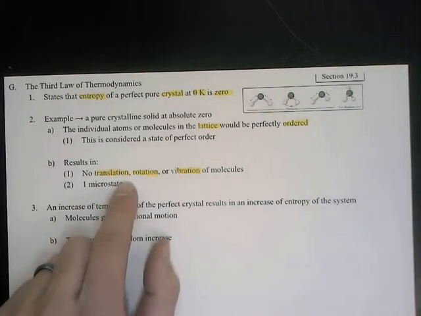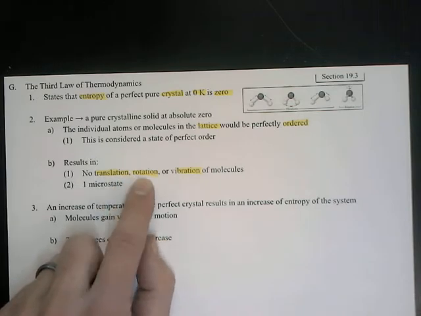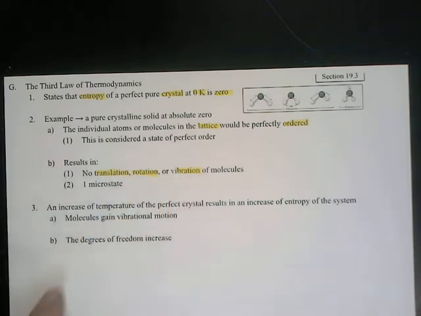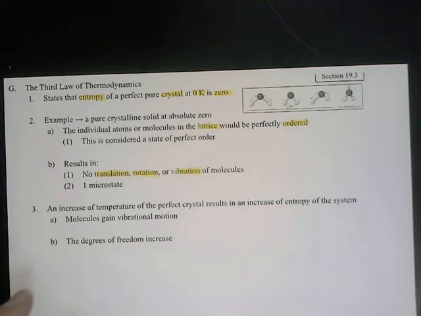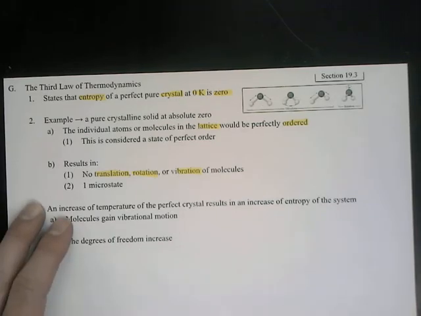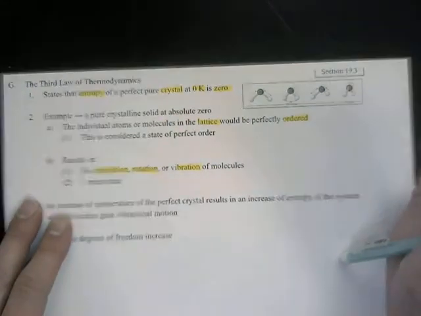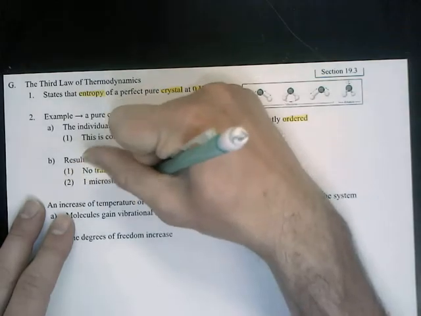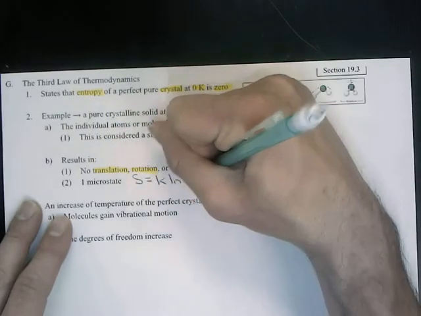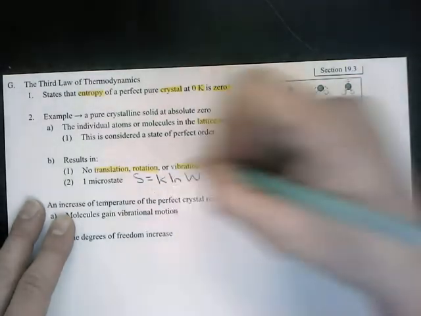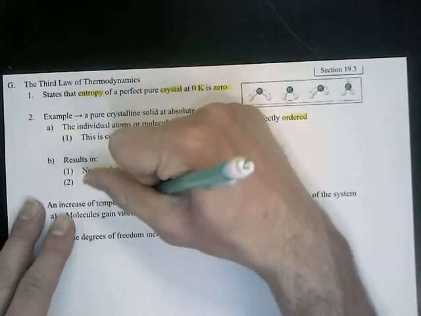Now you can see there is no translational, rotational, or vibrational movement, and so you have one microstate. If we use Boltzmann's formula, which says k times the natural log of W, and we plug some values in, I don't even need Boltzmann's constant.